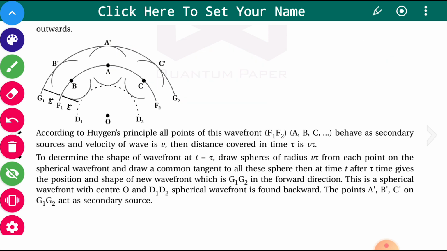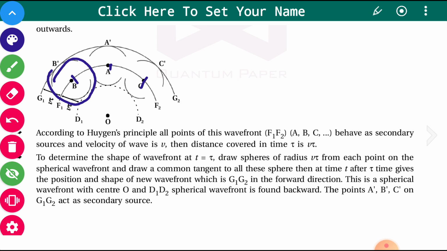To determine the shape of the wavefront at t equal to tau, we have to draw a sphere of radius v tau from each point on the spherical wavefront.